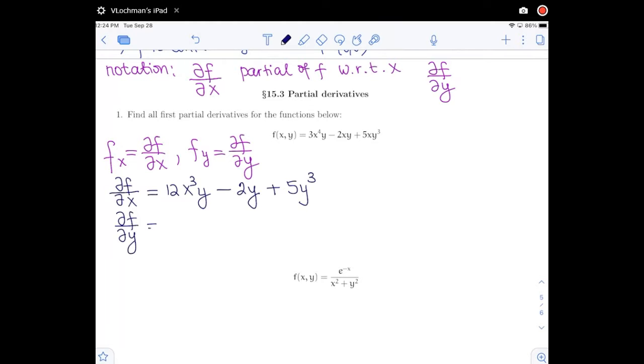The derivative of 3x to the fourth y with respect to y, x to the fourth is just a constant, so that's 3x to the fourth, minus 2x, and then plus, I'm sorry, y is the variable, x is the constant, so that's 15xy squared. Take a look at these expressions. Does that make sense?